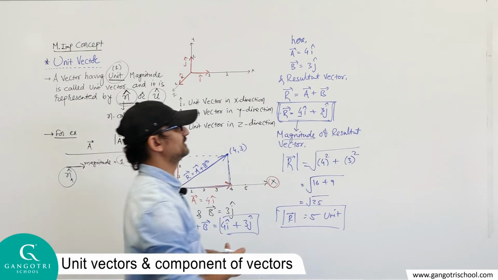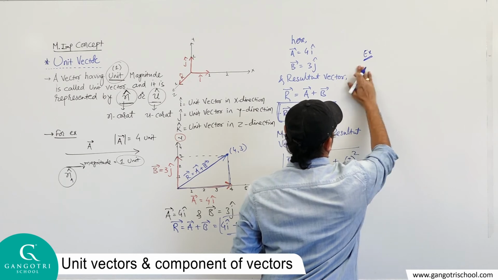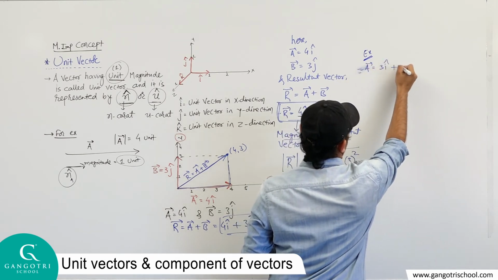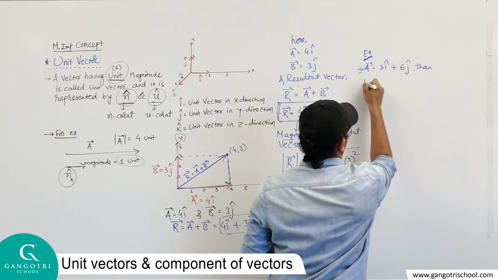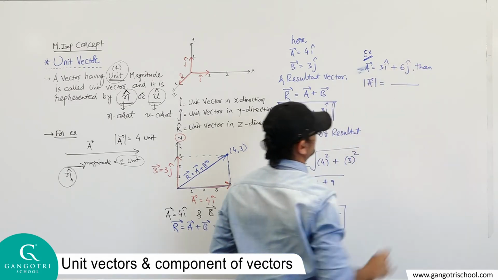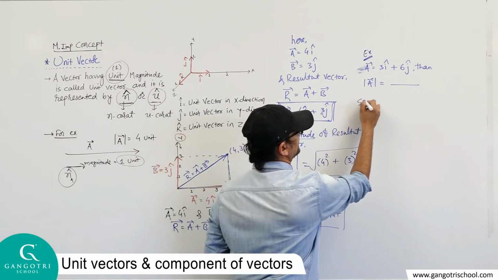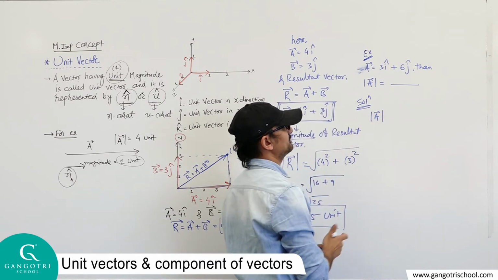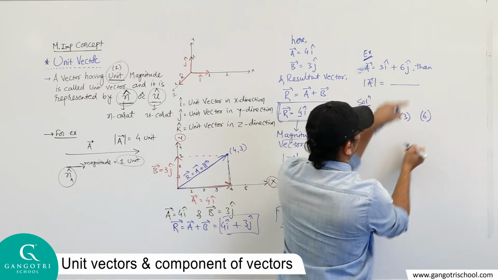I will give you one example. For example, if an MCQ says vector A is equal to 3i caret plus 6j caret, then mod A is equal to blank. Mod A means they ask us to find the magnitude. Here 3 is the x component and 6 is the y component.